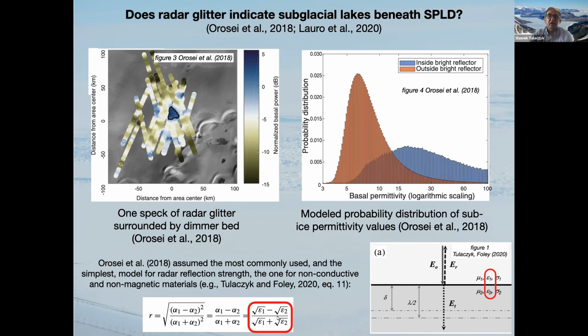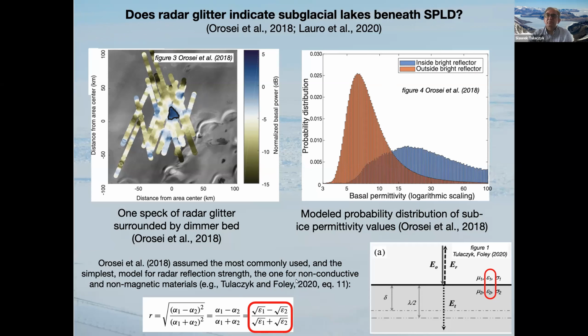This would be your typical real amplitude reflection coefficient, given as a ratio of the difference between the square roots of the permittivity of the two materials, with epsilon 1 being ice and epsilon 2 being the sub-ice material, divided by the sum of the square roots of these two permittivities. So that's a nice, simple model for how radar reflectivity works.